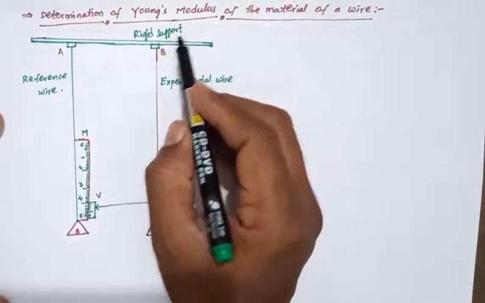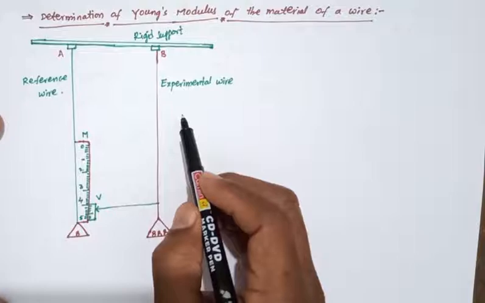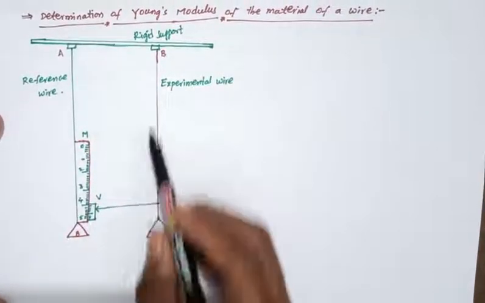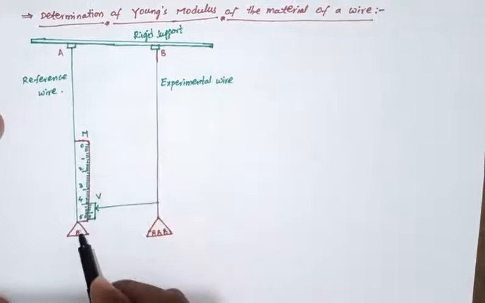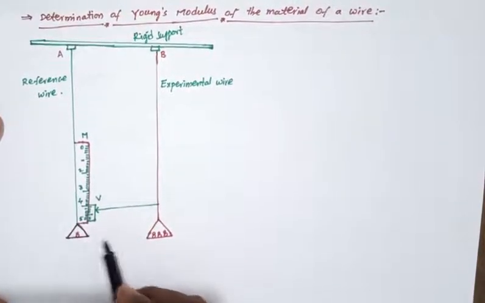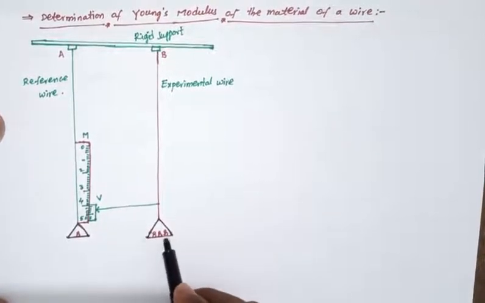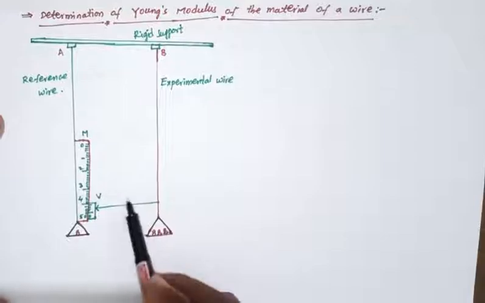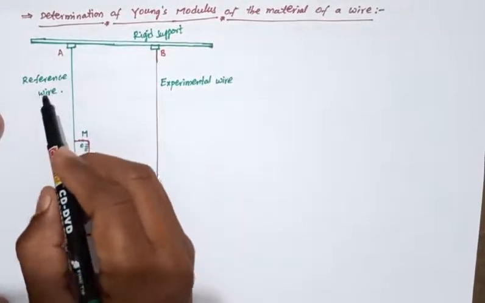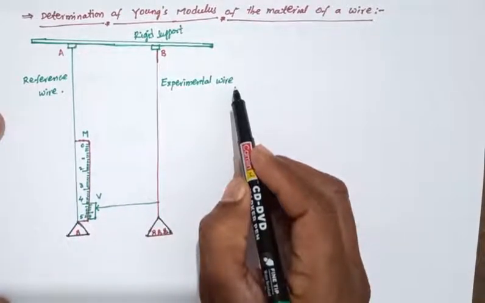For this rigid support, A and B are the two wires connected. The other end is connected to a weight pan, so we are weighing using the mass. A wire is called the reference wire, and B wire is the experimental wire.